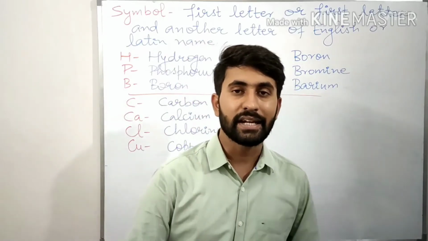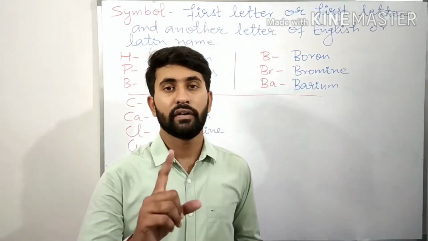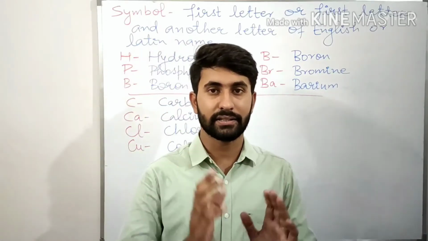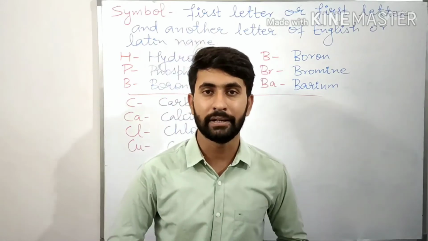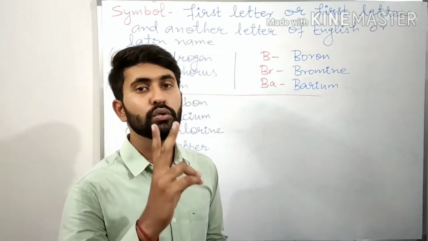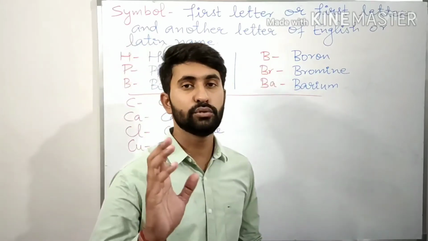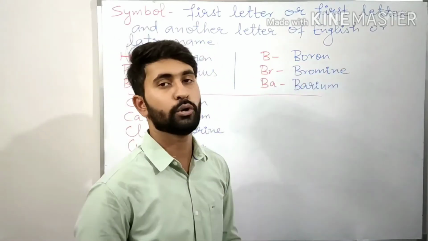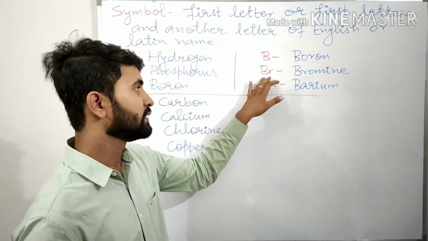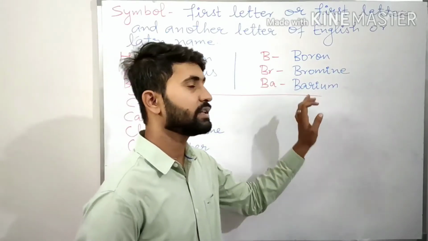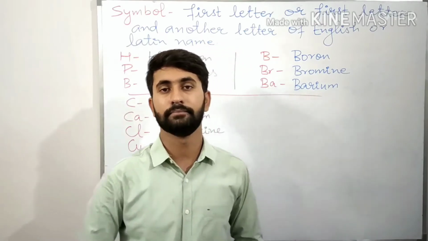In these cases, one of the elements is given a single letter symbol and the other elements are given 2 letter symbols. Like the letter B is used as the symbol of boron, Br is used for bromine, and Ba is used for barium.